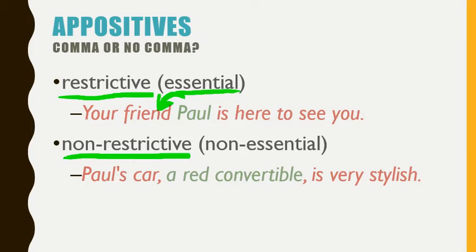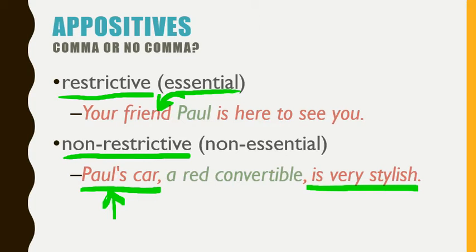Okay, how about the non-restrictive? Non-restrictive means when you look at the sentence, Paul's car is very stylish. The Paul's car part is very clear because most people only have one car. When we say Paul's car, we know that there's a Paul and he has one car and it's that particular car you're talking about.